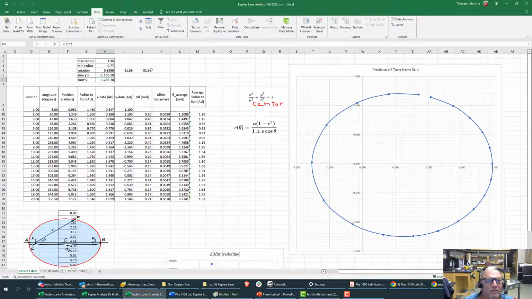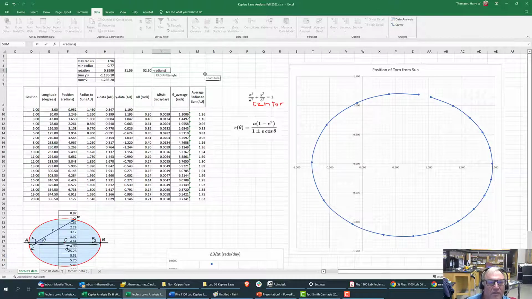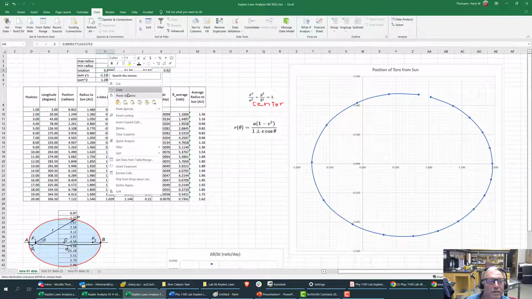Okay, so then you can turn that into radians. Oops, I forgot to put equals radians of, well, I could just type 52.5 in there, but anyways. Then I can take this, copy, and paste that in.